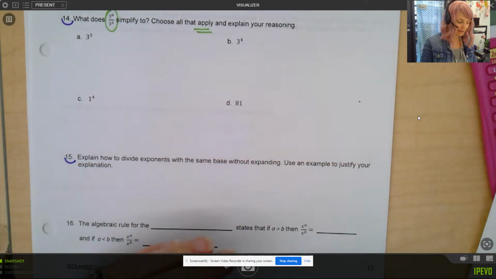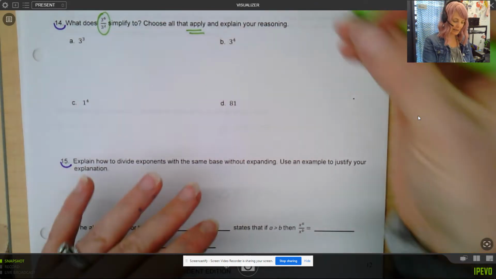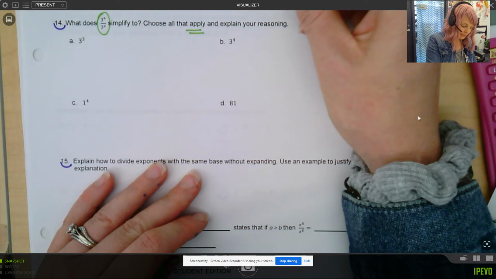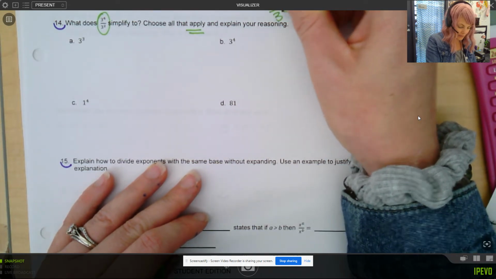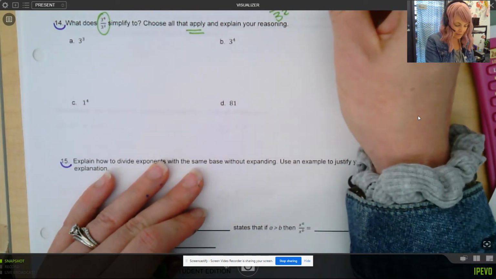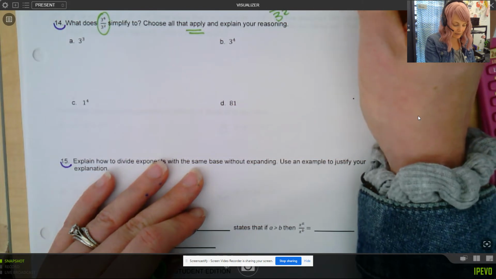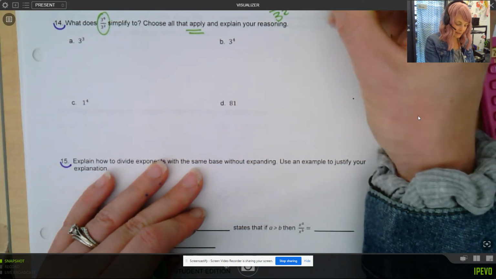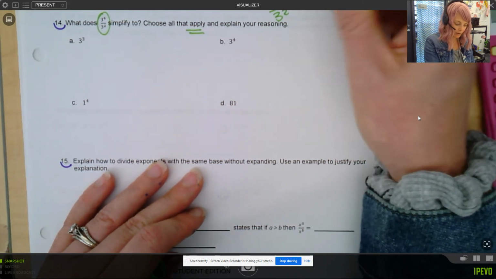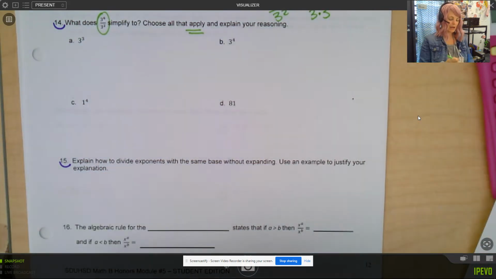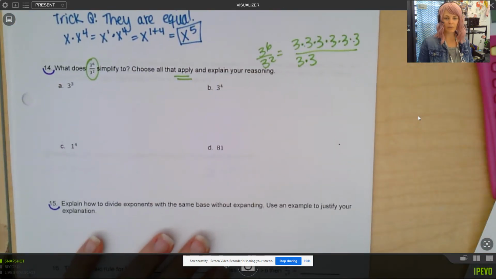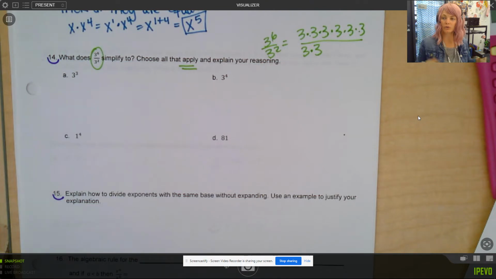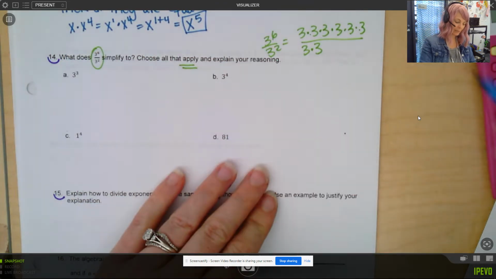So let's expand 3 to the 6 over 3 to the second and see what this is. So remember, 3 to the 6 over 3 to the second is 3 times 3 times 3 times 3 times 3 times 3. Did I get 6? 1, 2, 3, 4, 5, 6. Over 3 times 3. You should be able to see that if you are only multiplying in your numerator and in your denominator, you can cancel out common factors.